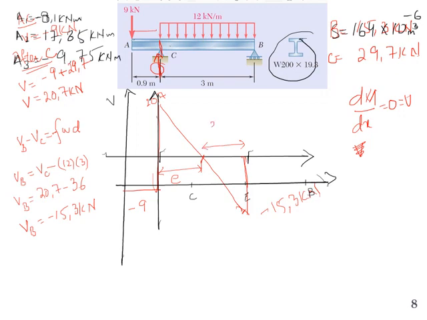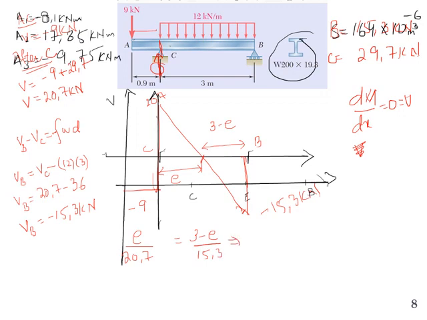And this distance will be 3 minus E, because this segment is from C to B. So this whole segment is equal to 3 meter. Now we have two similar triangles, so we can take the ratio of the triangles. So we can write E divided by 20.7 equal to 3 minus E divided by 15.3.